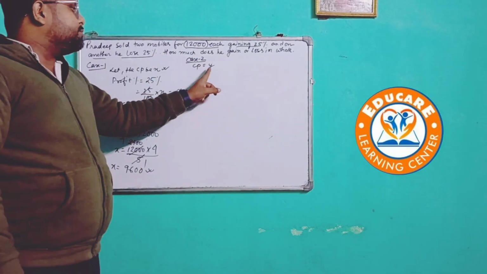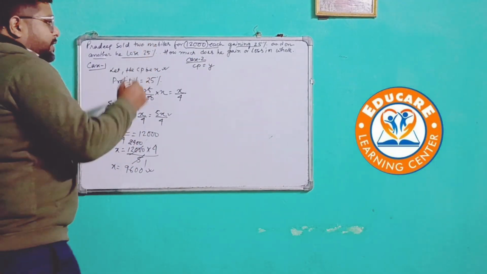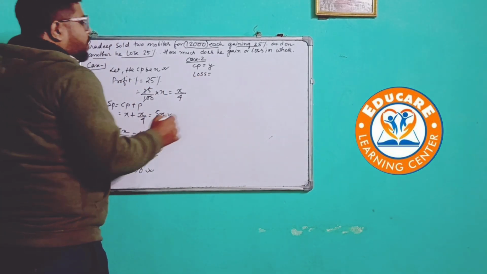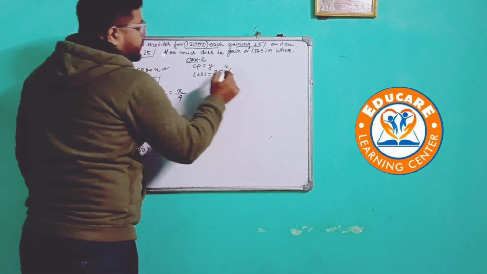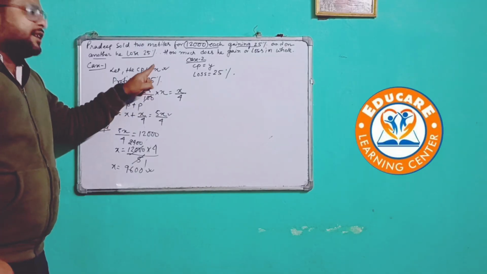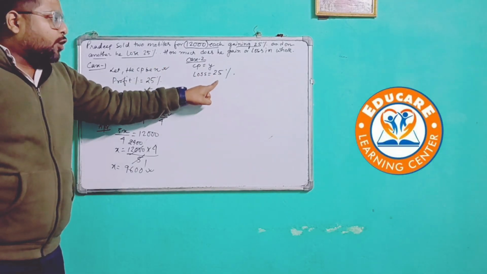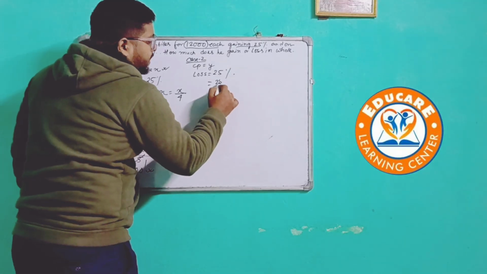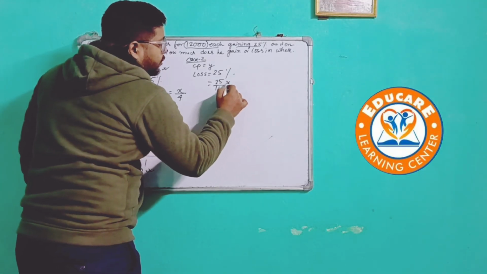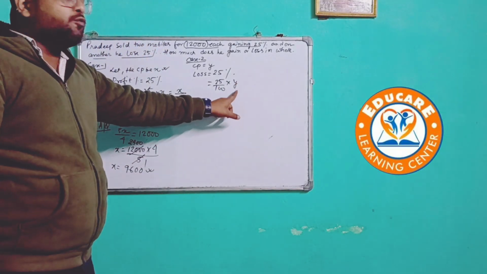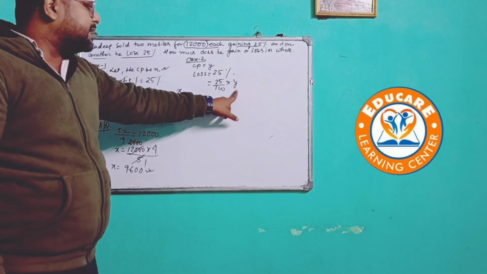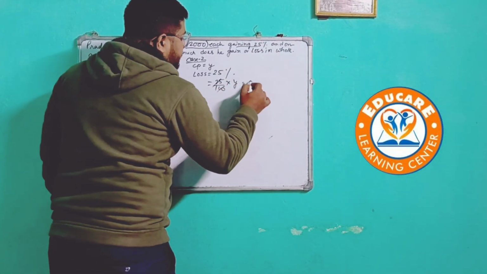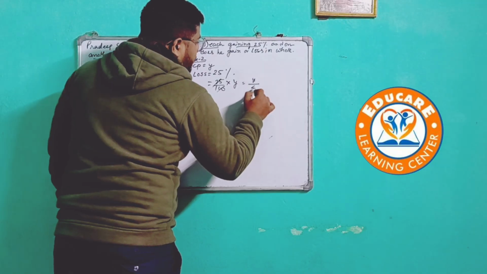Now in this case, Pradeep has acquired a loss of 25%. So if profit is calculated on CP, loss will also be calculated on CP. Here we can write 25 by 100 into Y, because we considered Y as CP. Now if we do cancellation, again same thing, it will be Y by 4.